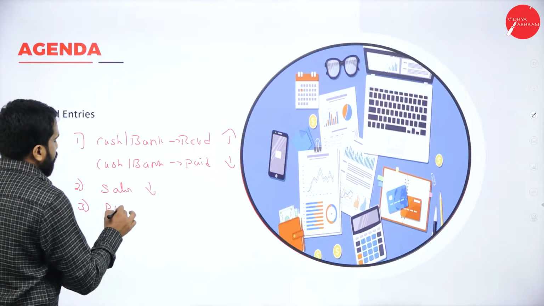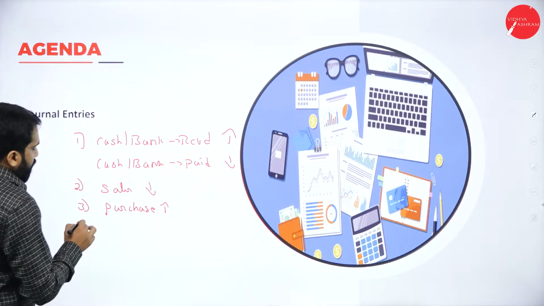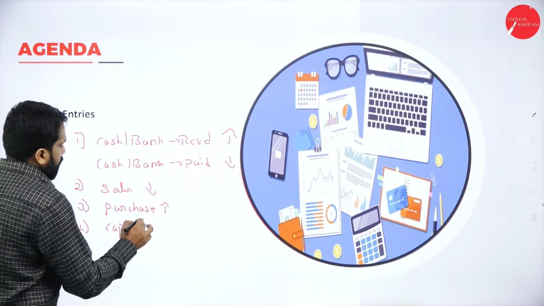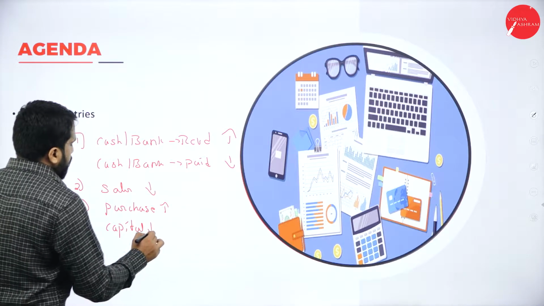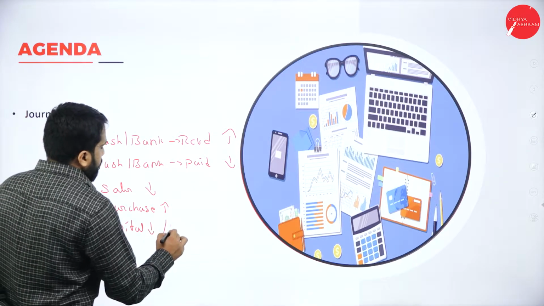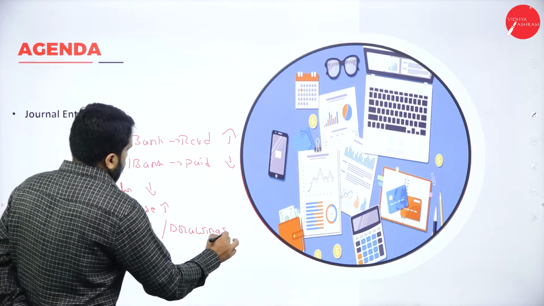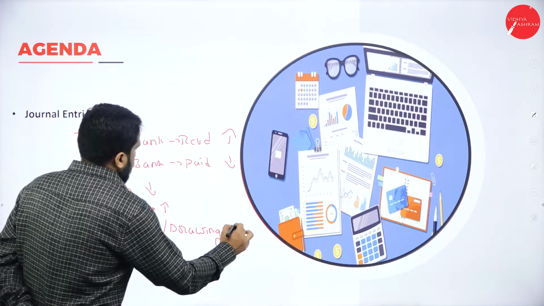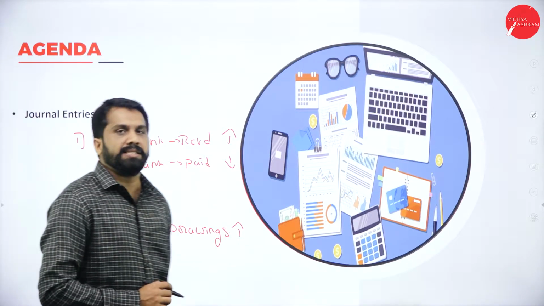Third one, purchase always up. Fourth one, capital always down. Your drawings always up. So actually this is your third one, this is your fourth as well as fifth.